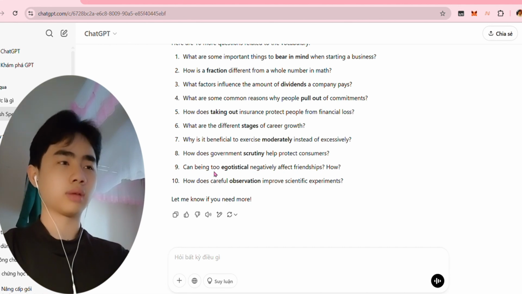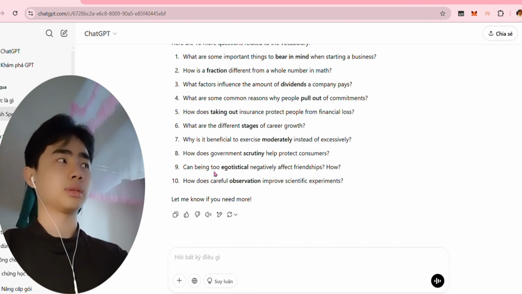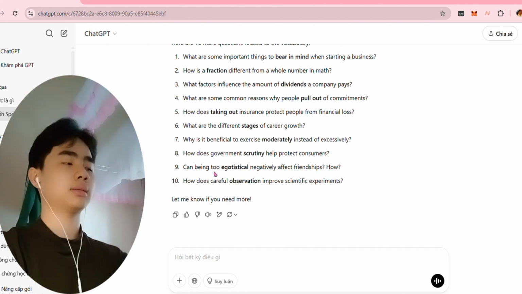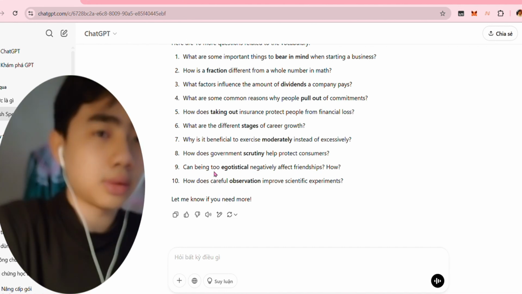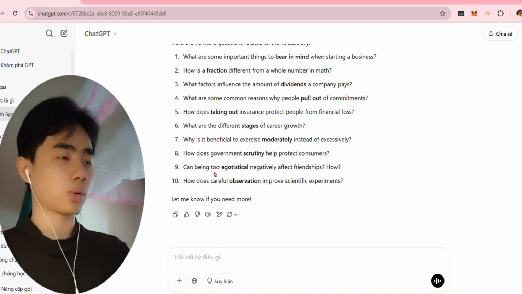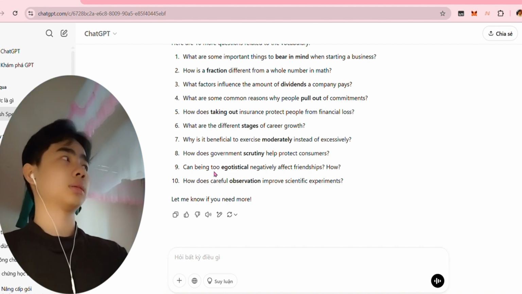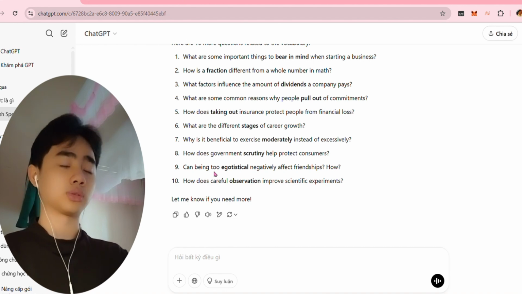I think it's just about the goods. The main element of government scrutiny is to check and make sure that every single product imported into the country is a good thing. So I think that will protect consumers.